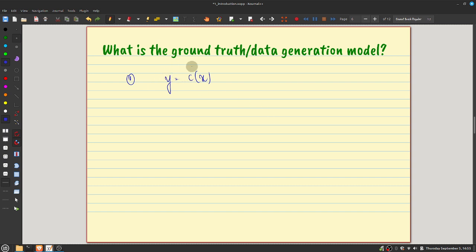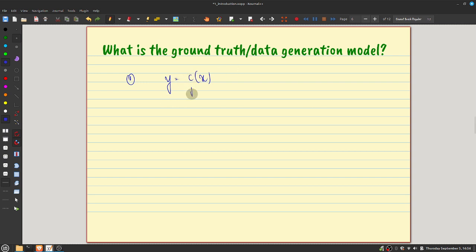So this is sort of a deterministic model for the ground truth, but of course we don't know what this function is. So effectively, if you want to search for a good learning algorithm, one way is you look at all possible deterministic functions from the domain set to the label set, and you choose the best. And if you're able to somehow magically choose the best, then you're done. The problem is you're not able to do that.